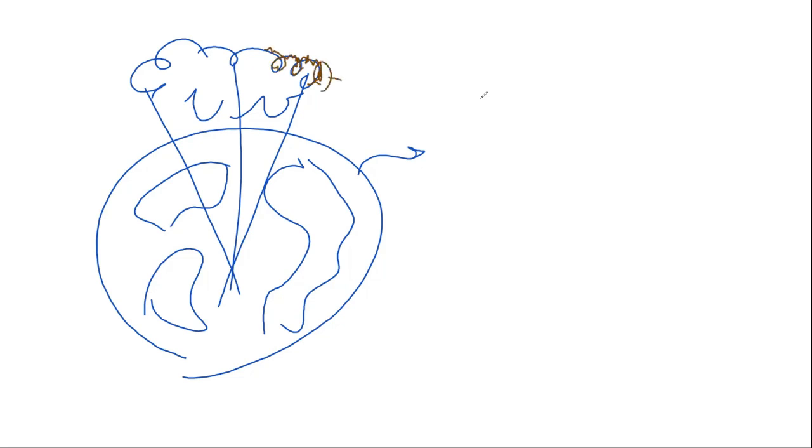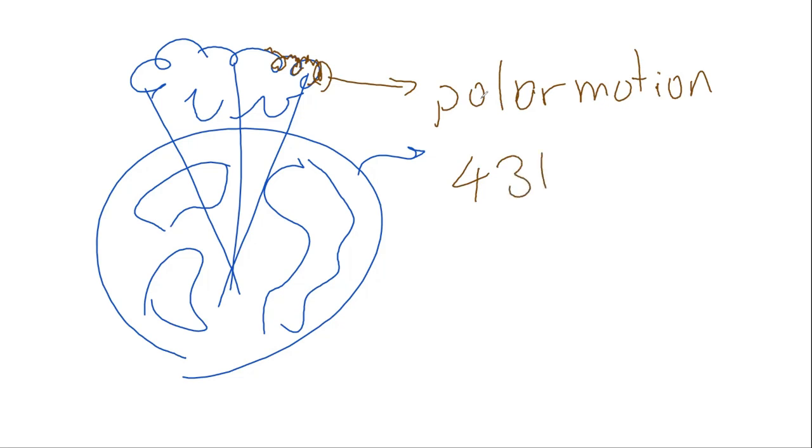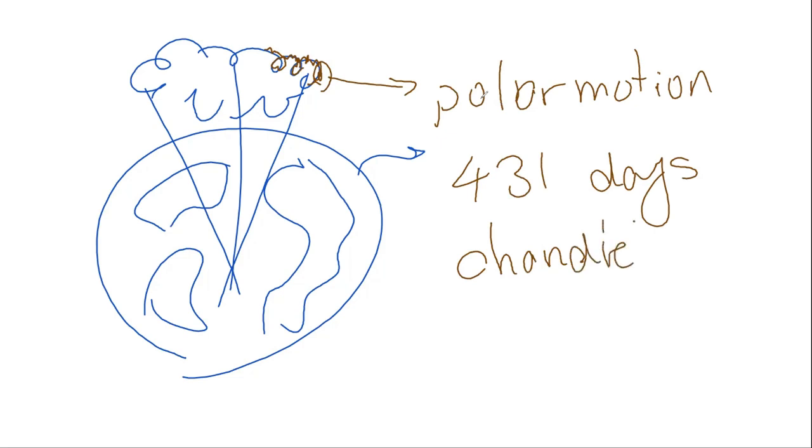This small variation is named polar motion. Polar motion is faster. It's 435 days, called the Chandlerian period.